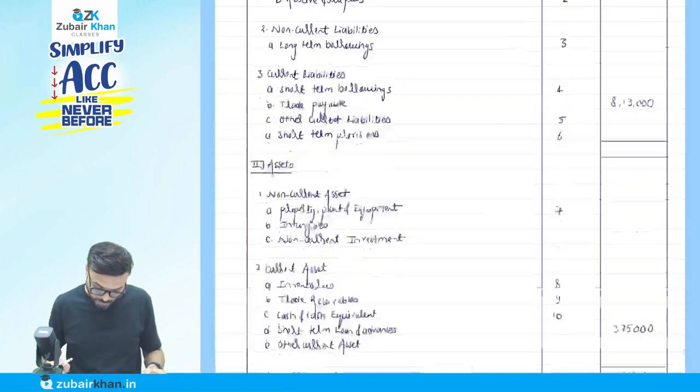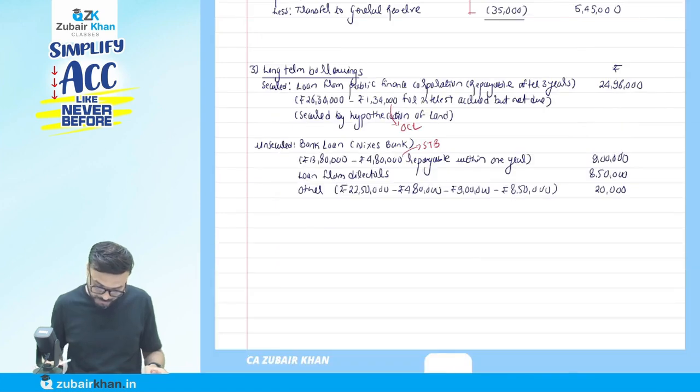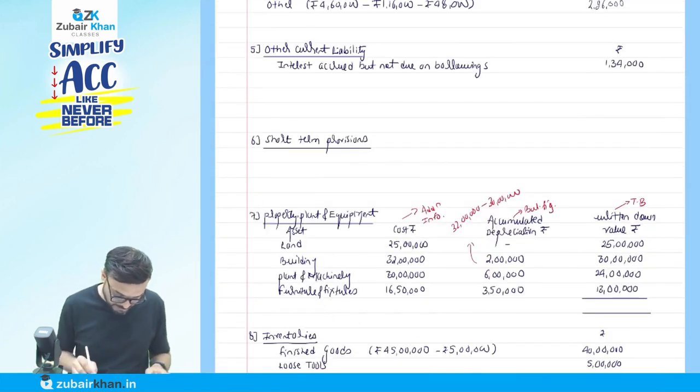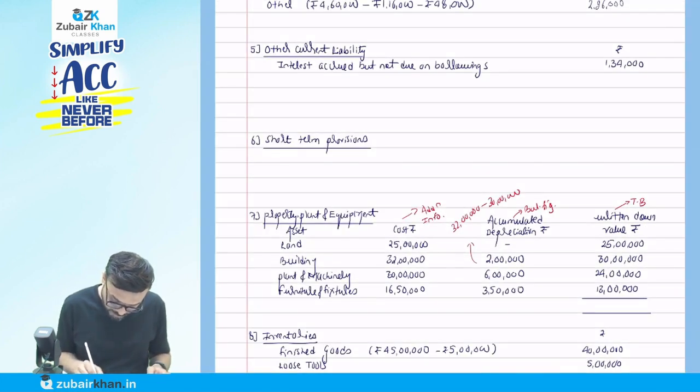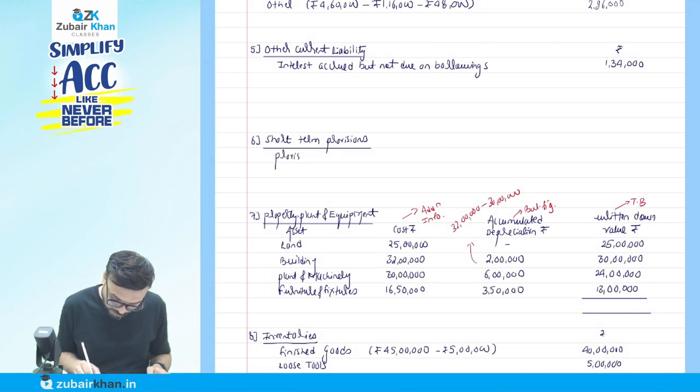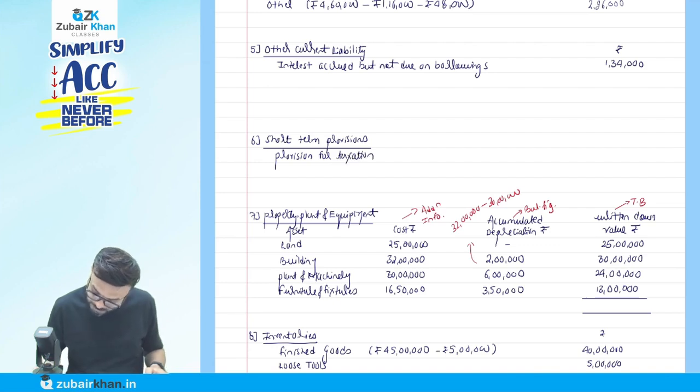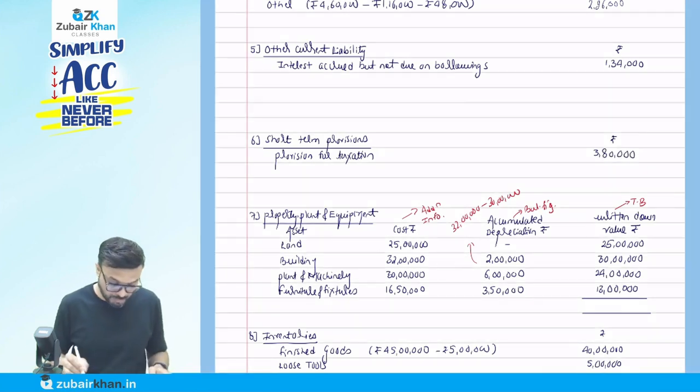3,80,000. So go to notes to account on short term provision, notes to account number 6. Write down there provision for taxation 3,80,000. Okay, provision for taxation how much? 3,80,000.